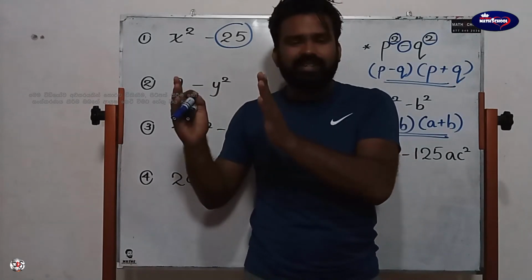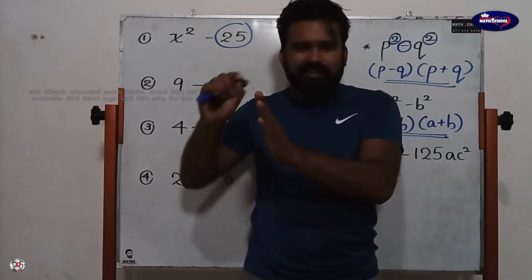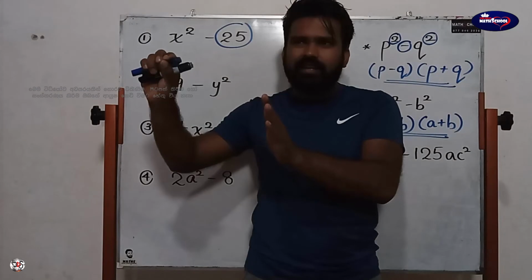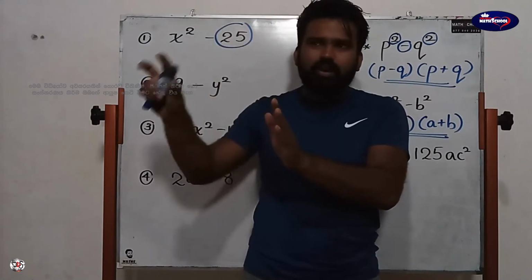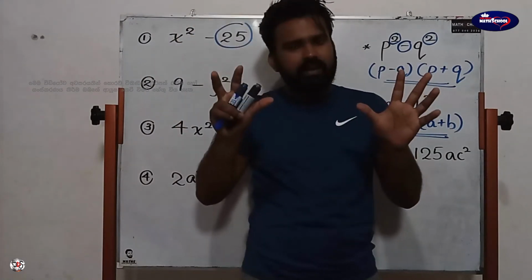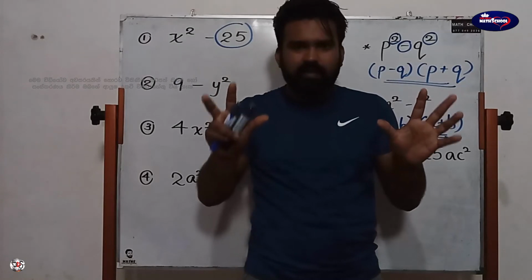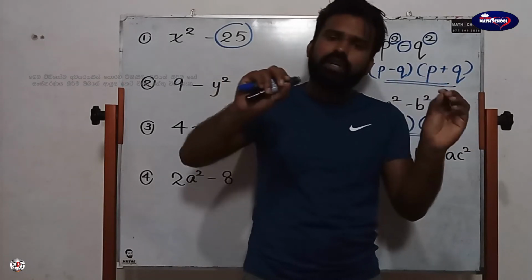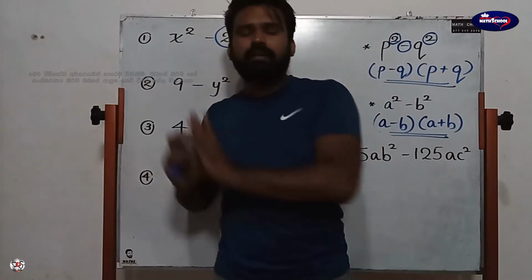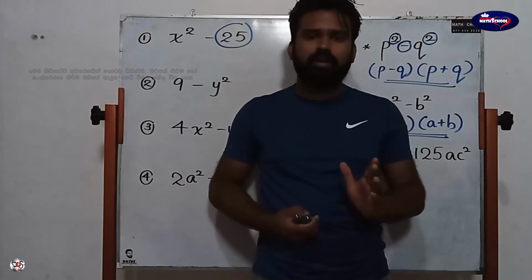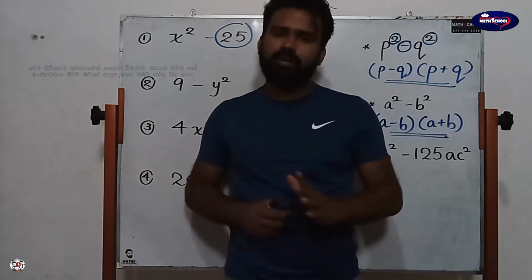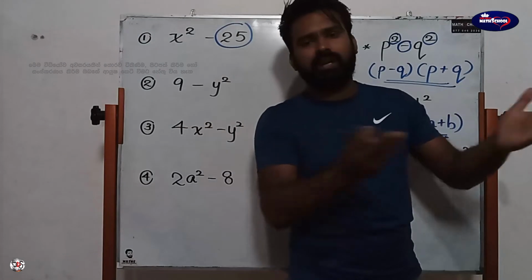The first method is the first one that we have learned, that means taking the common factor out. If we have 2 terms, from those 2 terms we should be capable of taking something common out. And by putting the brackets, we write the rest.